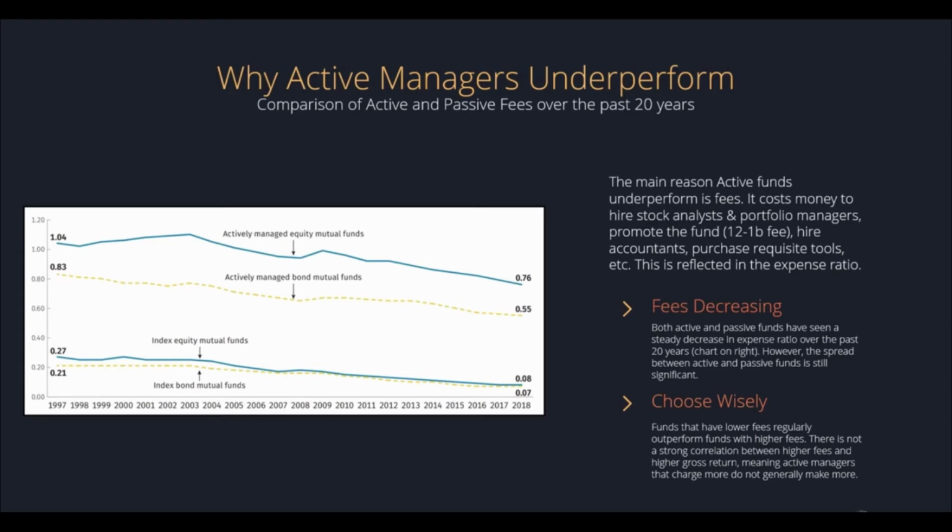Another thing that's worth noting is that, again, we mentioned before that you might think, okay, there's skilled managers out there that kind of get past these statistics. What we actually found is that there is absolutely zero correlation between the managers that charge higher fees and higher gross return.